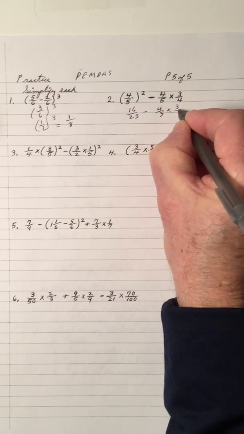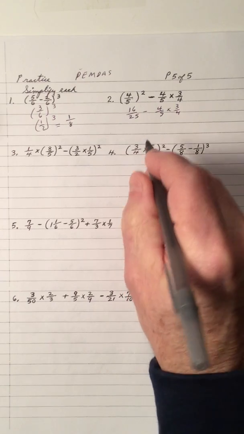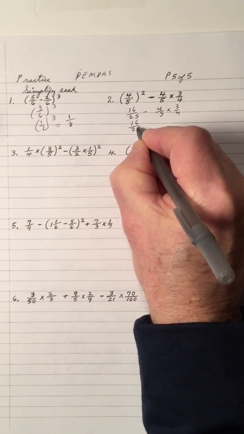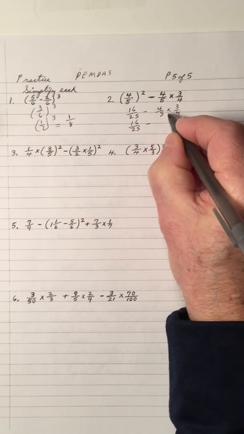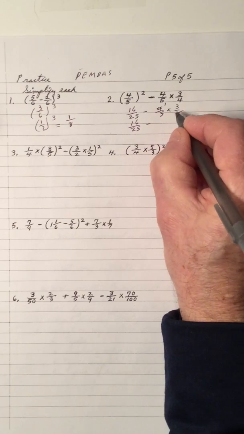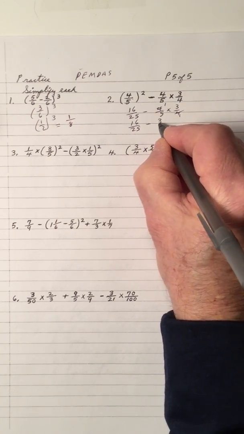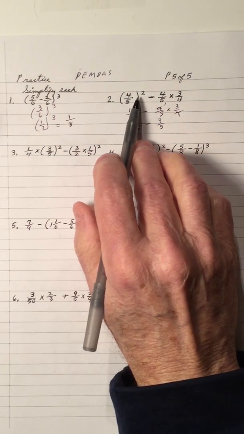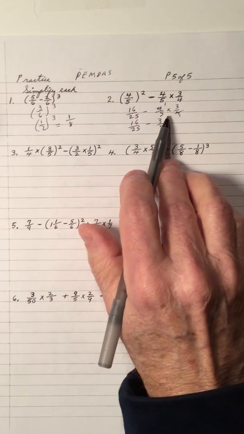Remember, I'm only doing one step at a time. Now I'm going to do the multiplication before subtracting. When I multiply here, I have to cancel. 4 into 4 goes 1 and 1, so that gives me 3 over 5. So notice I did the exponents first, then I did the multiplication after.